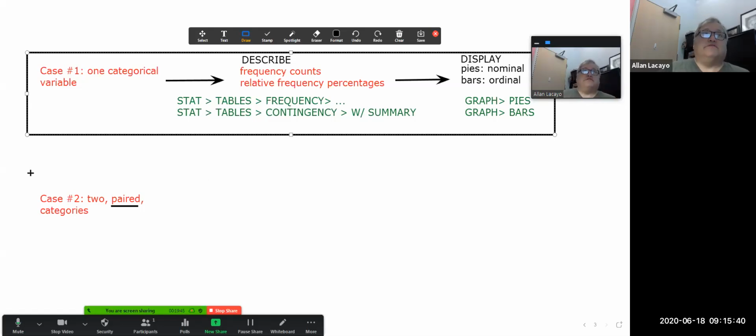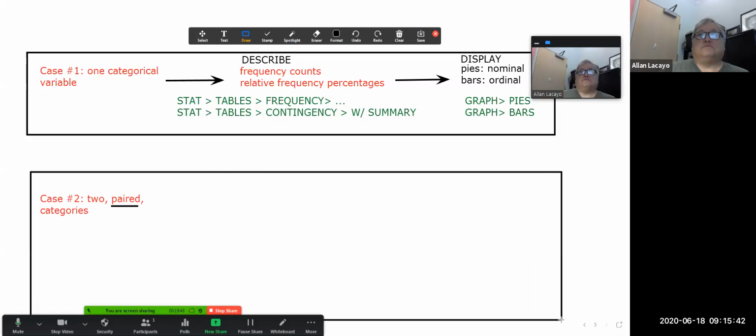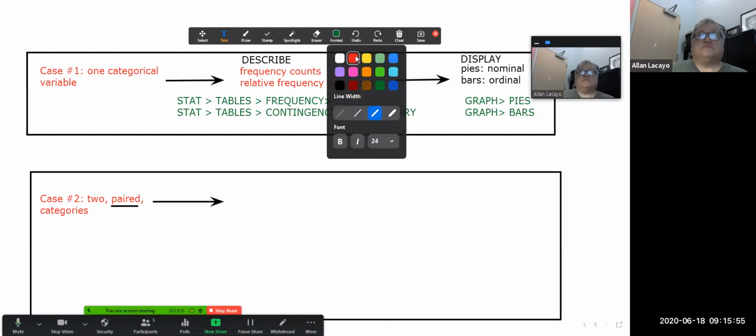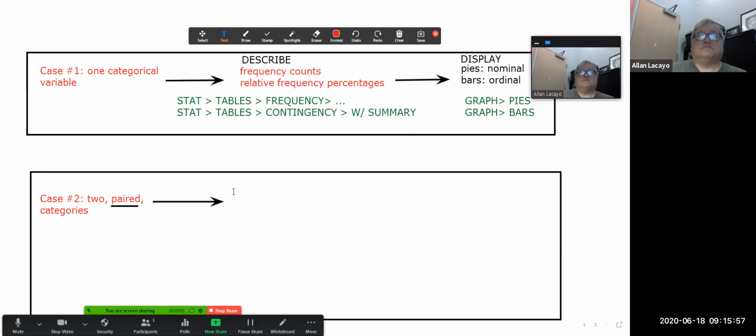And then for the case 2 video, we're going to learn that when you have two paired variables, what we can describe are frequency counts, and these are usually called marginal counts in this context.